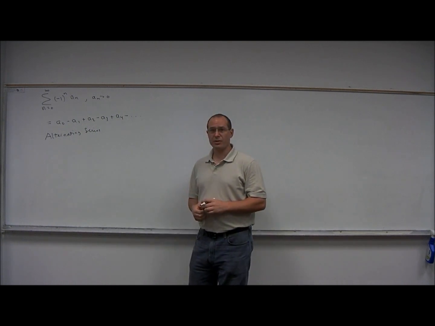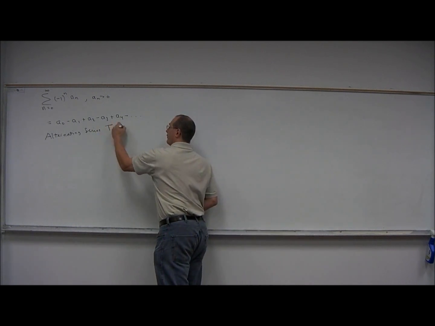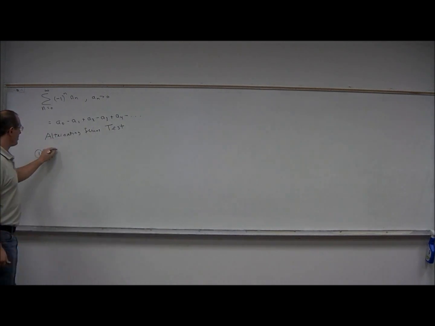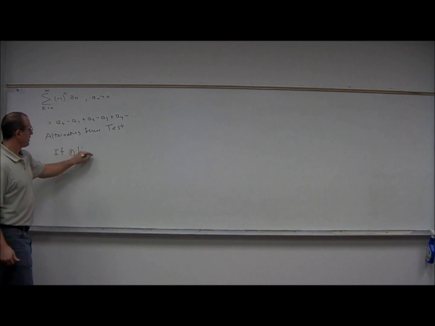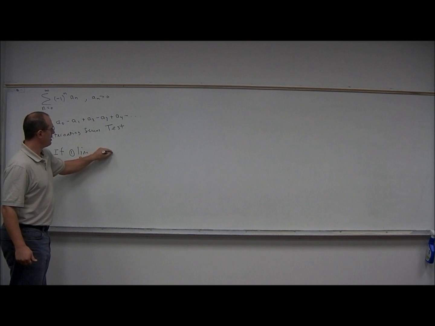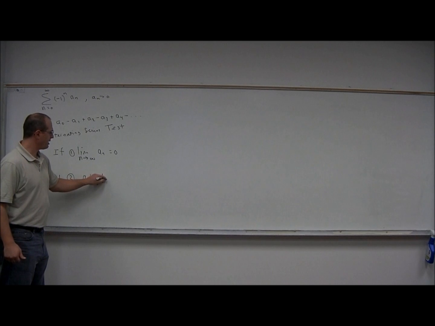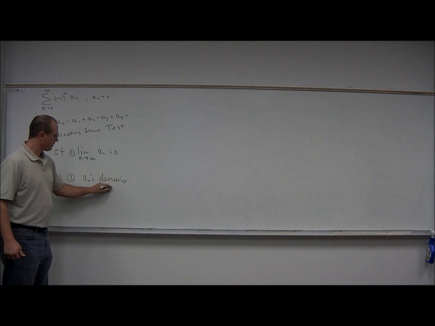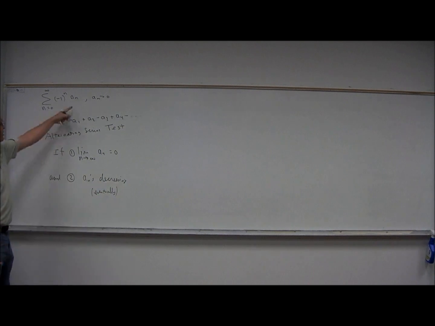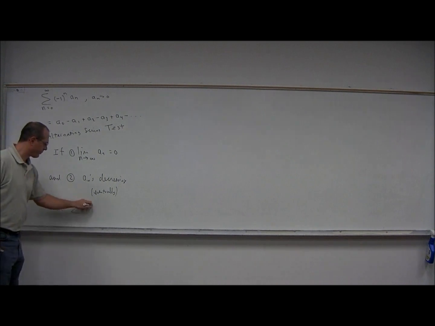Now to discuss the convergence of an alternating series, there is the alternating series test. And it says, first, if the limit as n goes to infinity of a sub n is equal to 0, and the a sub n's are decreasing eventually, then the alternating series converges.